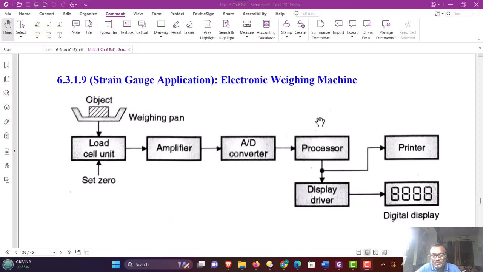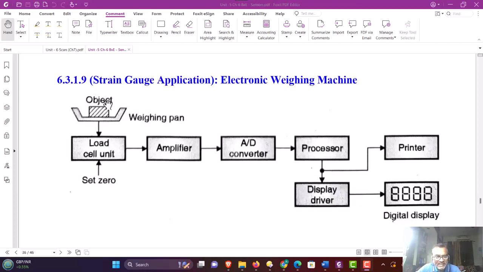Microprocessor can also provide the linearization if required for the sensor, and then the digital data corresponding to the weight will be displayed via display driver on the display unit.